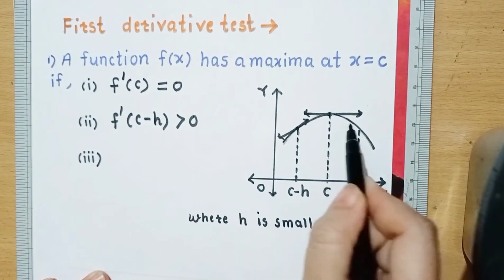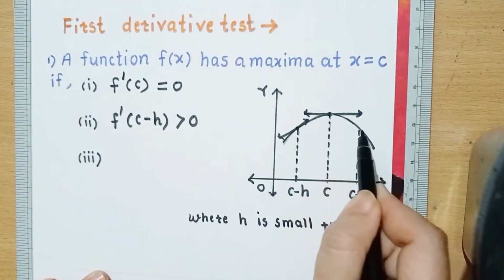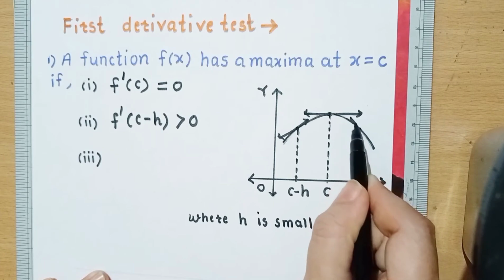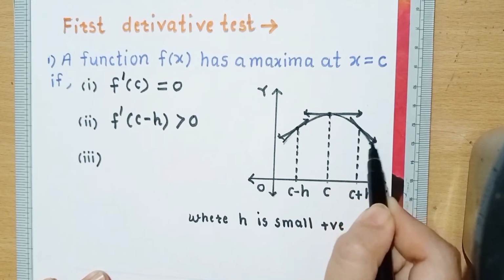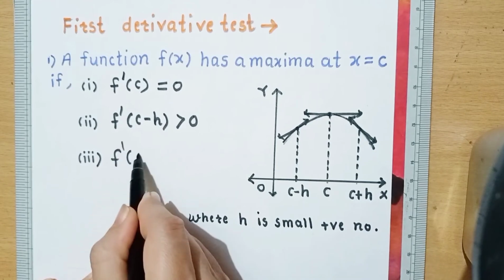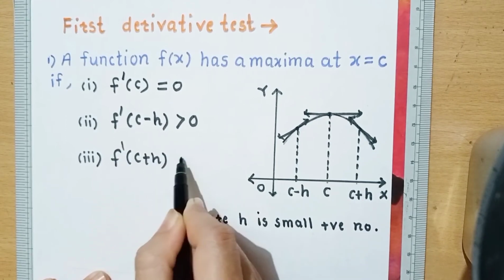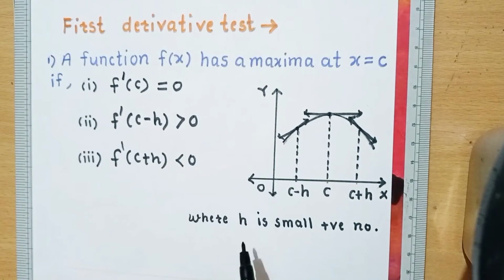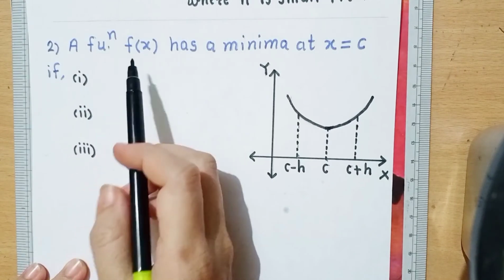And in this interval the curve is decreasing, so at this point the slope of the tangent is less than 0. So here f dash of c plus h is less than 0, where h is a small positive number.